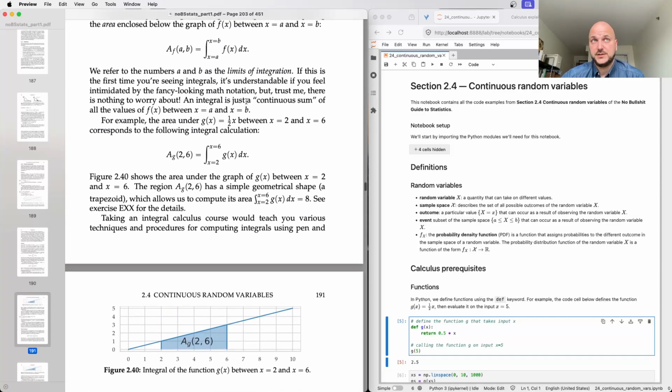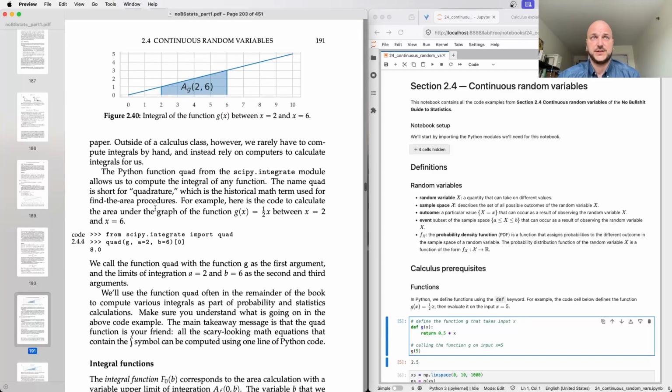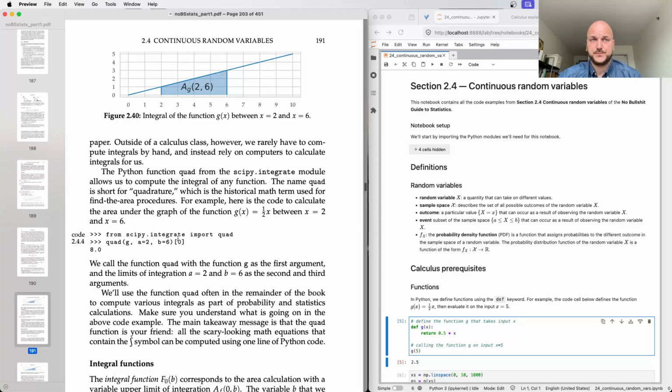The best part, and why you don't need to worry about calculus, is this function. The SciPy integrate module has a function quad, short for quadrature. Quadrature is the old term people use to describe the area calculation.